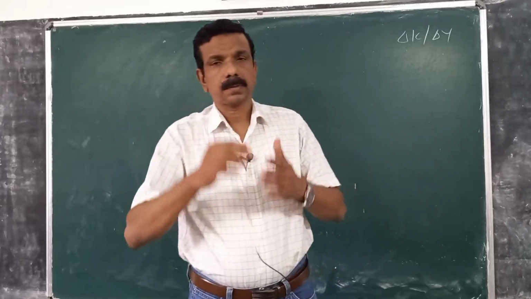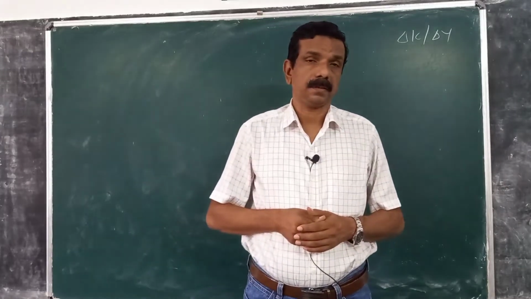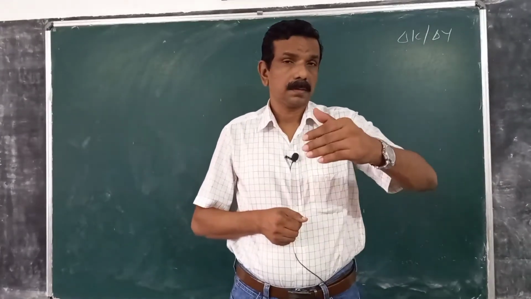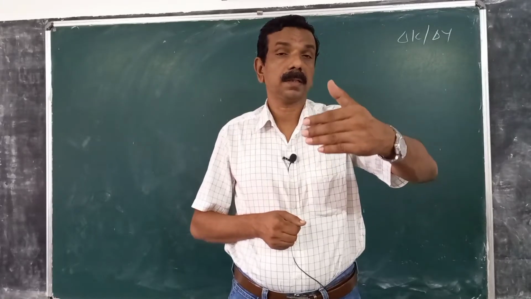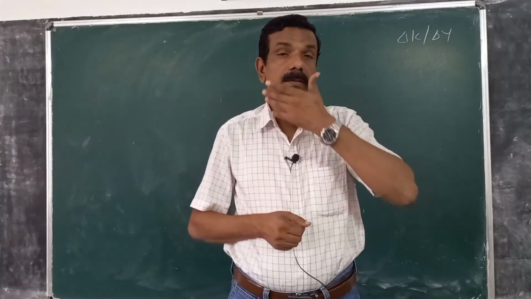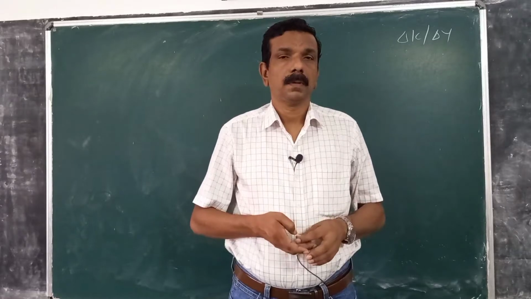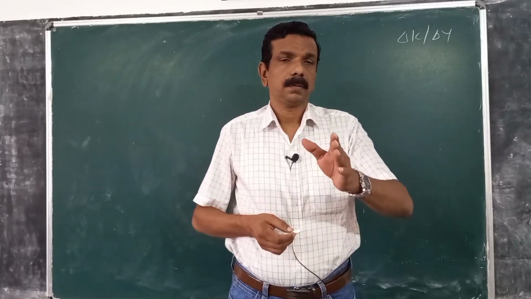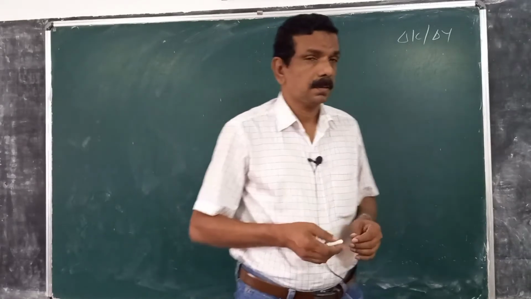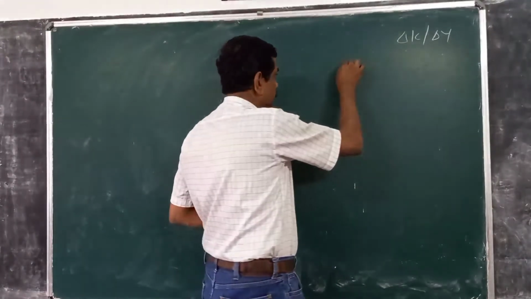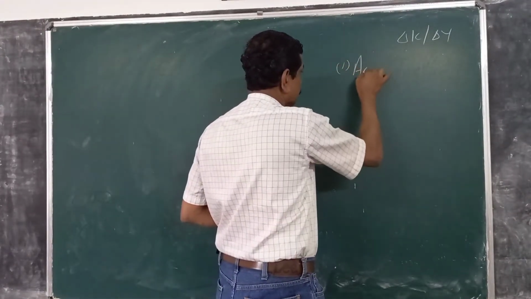If we use the first definition, that is measured increase in capital divided by measured increase in income, we have the first growth rate, namely actual growth rate.